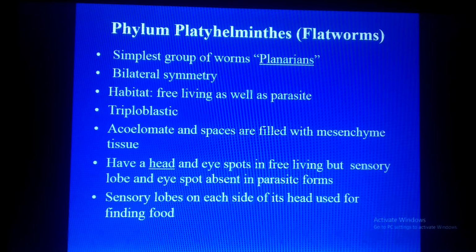And the sensory lobe, you can see here in the figure, looks a little bit like a brain, but not a true brain or spinal cord, just a resemblance. These organisms use the sensory lobe for finding food, meaning they have developed sense.